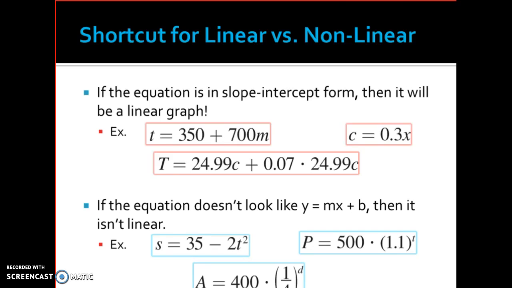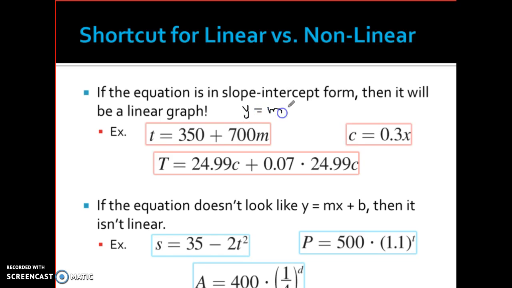So just a quick shortcut for determining if an equation is linear or nonlinear. If an equation can be written in slope-intercept form, then it's a linear graph. So for example here, I have a number multiplied by something and then adding a value. This looks a lot like slope-intercept form.